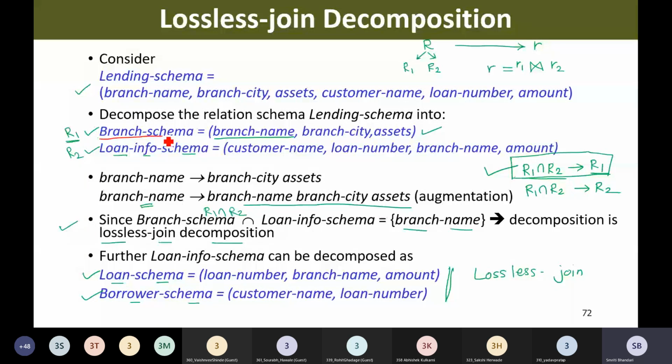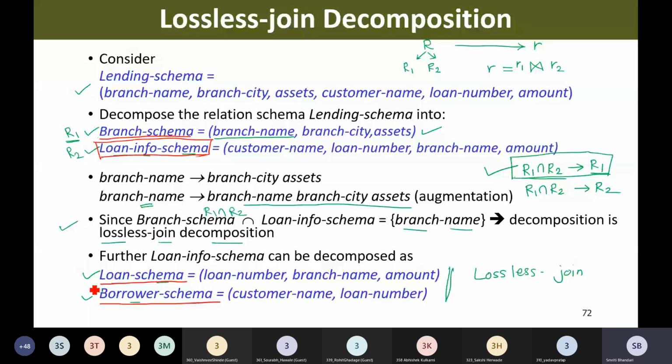Similarly, if we try to find the decomposition for this schema, we come up with loan schema and borrower schema. And if we try to find out whether this decomposition is lossless join decomposition, we can prove that by using the same condition: R1 intersection R2 either determines R1, or R1 intersection R2 determines R2.